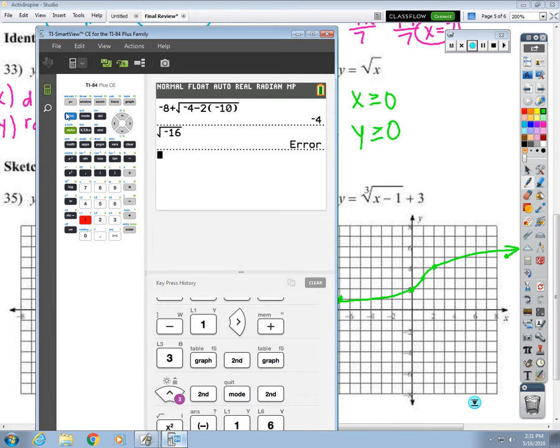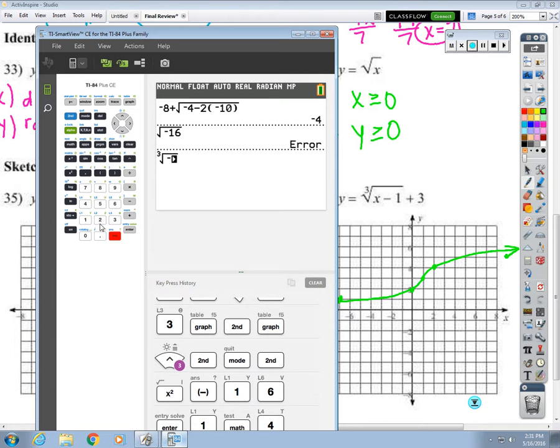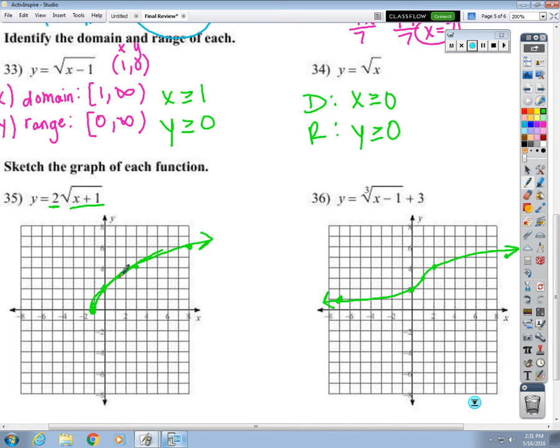But if I try to take the cube root of a negative number, I get an answer. That's why the square root only goes towards the positives, because you can never take the square root of a negative number. The cube root, you can take the cube root of a positive number or a negative number, and so that's why it goes towards the negatives as well.